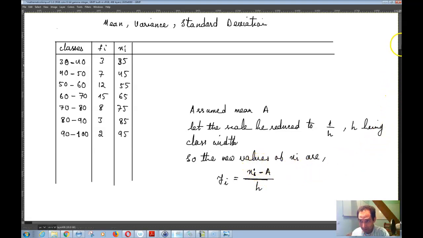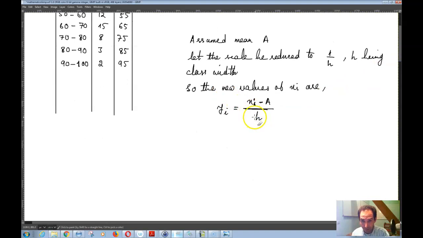If you cross multiply, you will get h times y of i is equal to x of i minus a, or x of i is equal to h times y of i plus a.